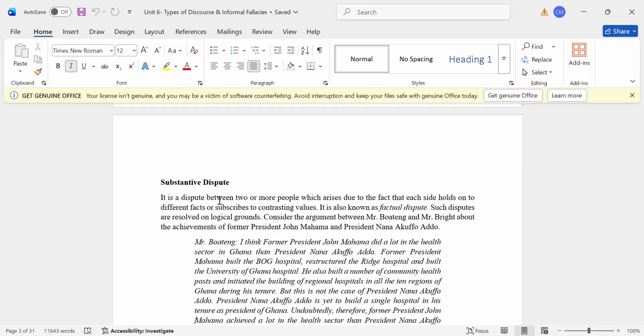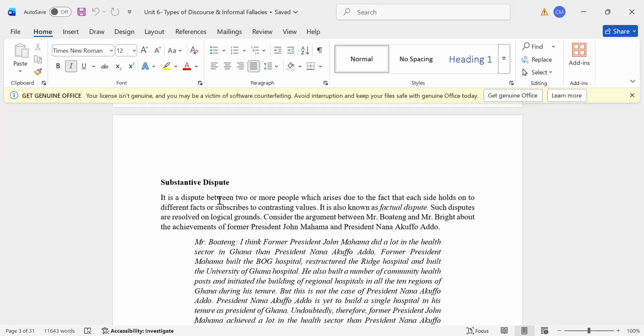Maybe this group takes this position for a contention. Another group takes a position against the contention. They are all providing facts to support their case. That is a factual dispute.